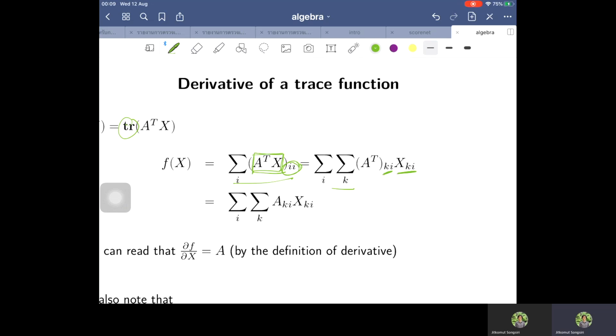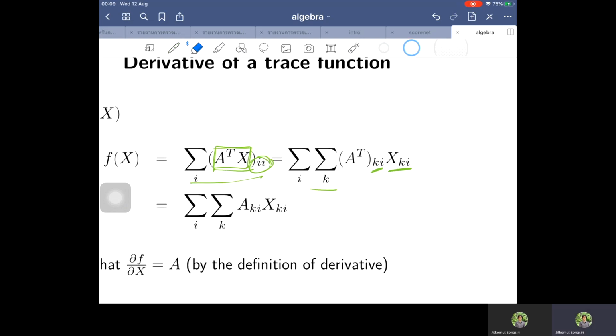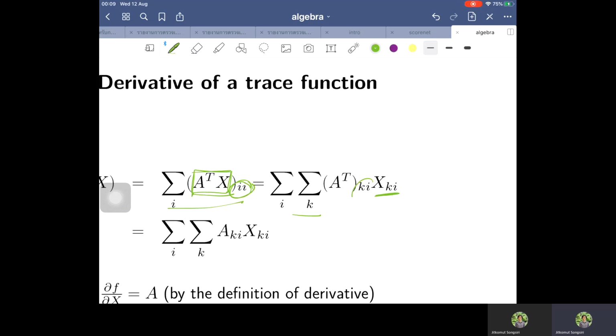What's next? This is wrong. Like if C is AB, then Cij is going to be the summation of Aik Bkj, for all k.